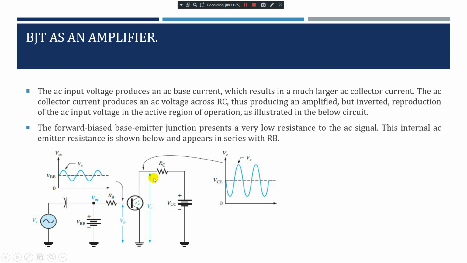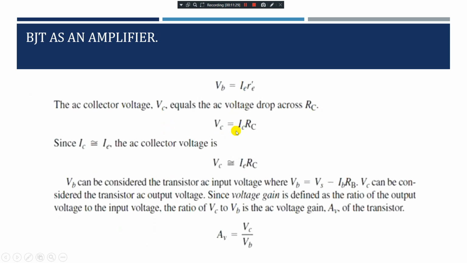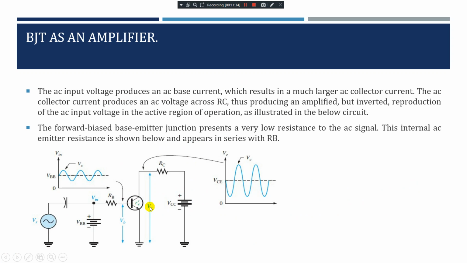So VC is equal to IC into RC. What is VC? If you see here, the current flowing through RC multiplied, that is IC into RC, gives VC. That's nothing but IC into RC gives you VC. That's what we have done here in the next slide.